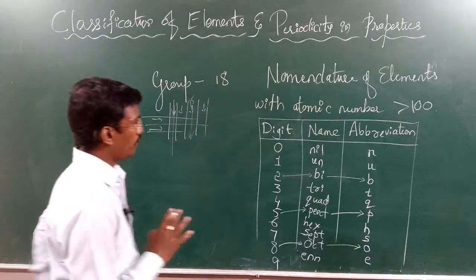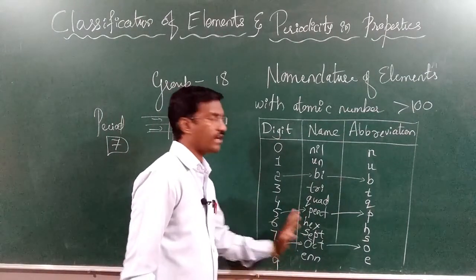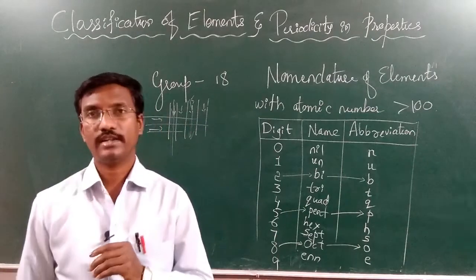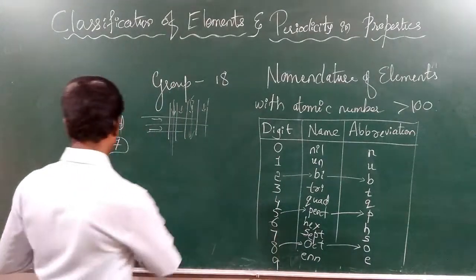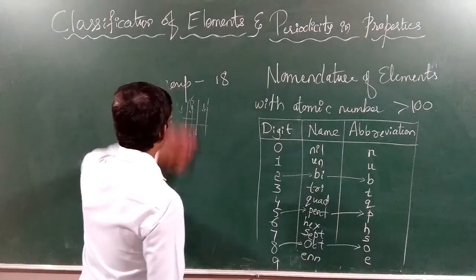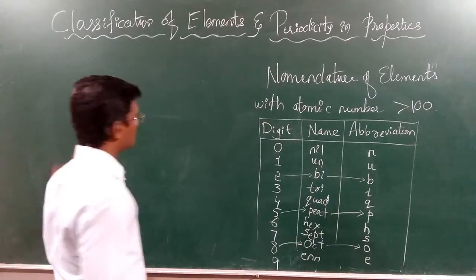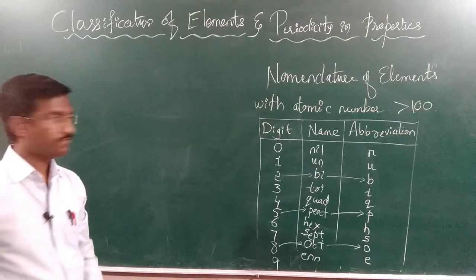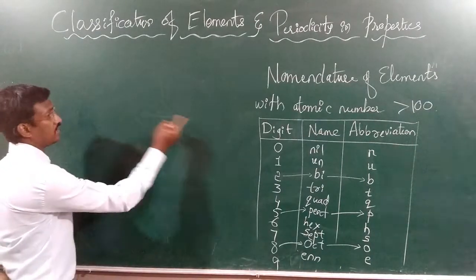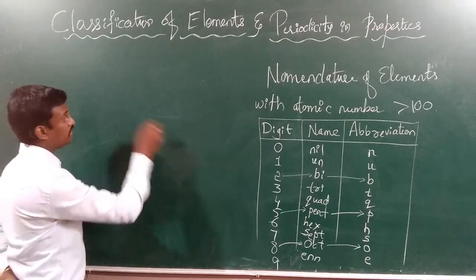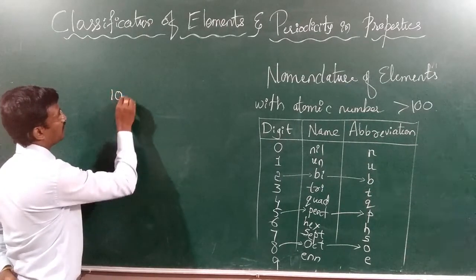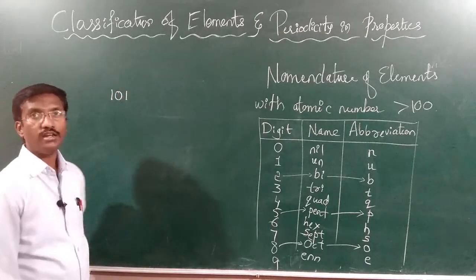If you are very familiar with this chart, you can name elements having atomic number more than 100. Look here, this will definitely be asked for 1 mark in the annual exam. For example, name the atom which has atomic number 101.